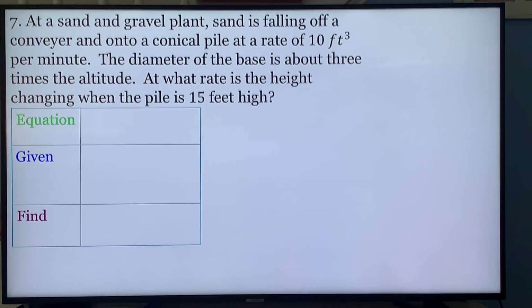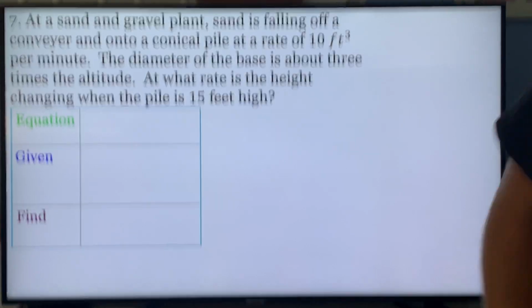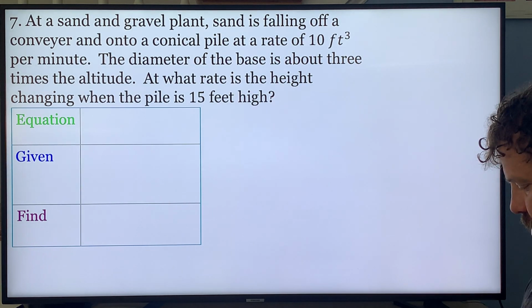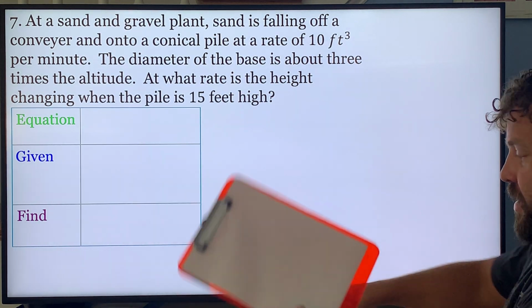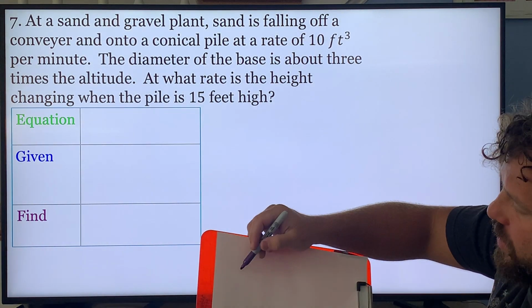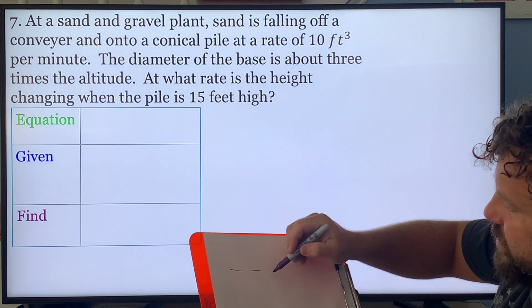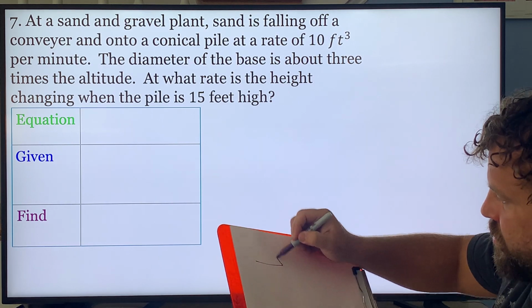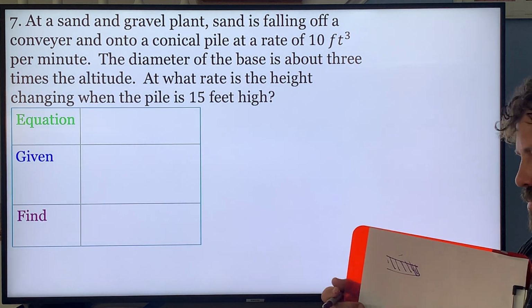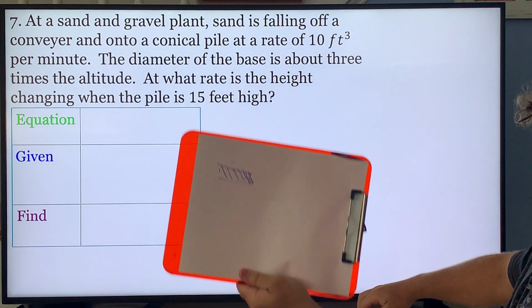All right, you got it filled in? Let's see how this works. Let me explain some stuff to you. I've got my board here, a sand and gravel plant. What you have pretty much is a conveyor belt, with sand under the conveyor belt.